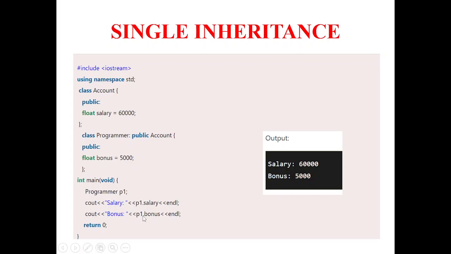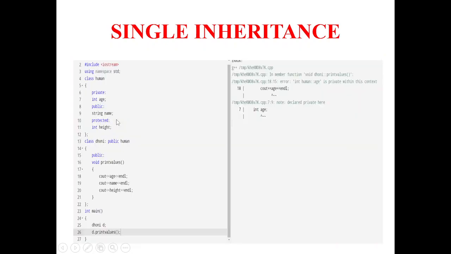So what is the salary and what is the bonus? I'll have p1 dot salary and p1 dot bonus. And one more thing, students, here the base class is account, the derived class is programmer. We'll be creating an object for the derived class. So automatically it can access the parent class variables also.